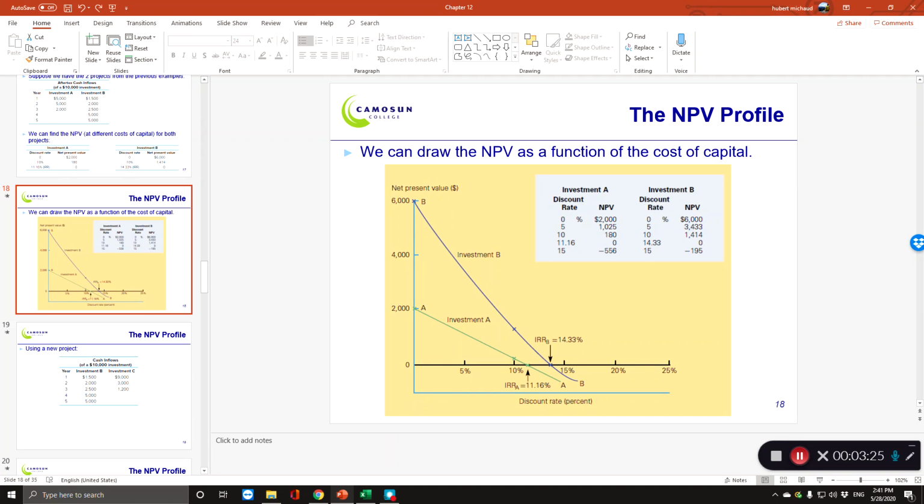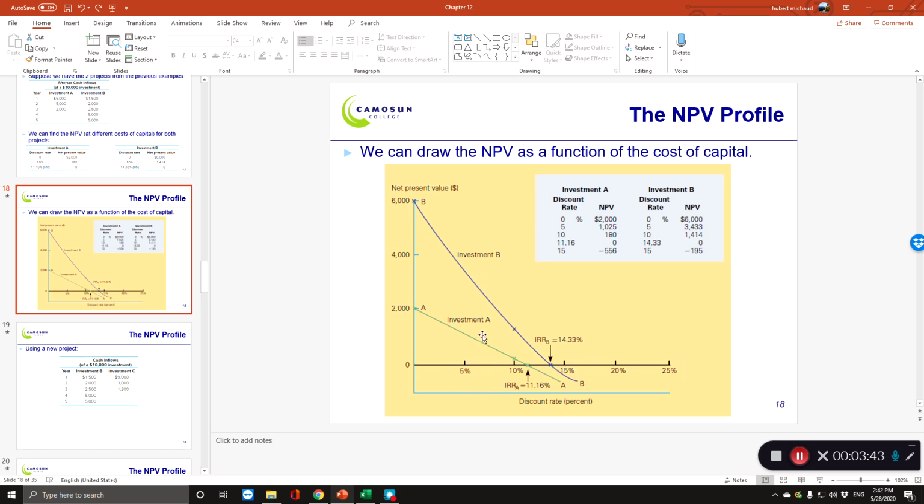In this specific case of these 2 projects, there's actually no problem. You can actually use the IRR to decide which project to do, because project B that has an IRR of 15% is always better for any cost of capital.